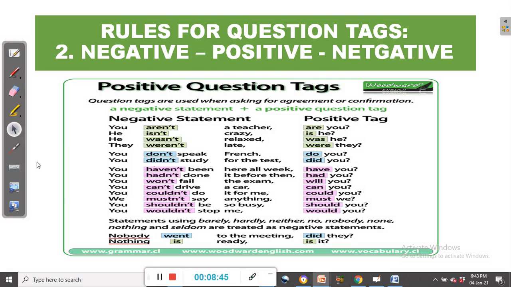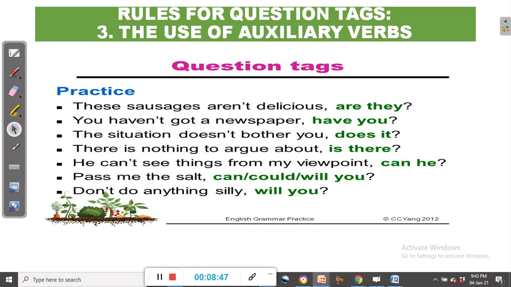Negative, positive, negative. And then we look at the use of auxiliary verbs. You discover that auxiliary verbs are always used in forming the tags.